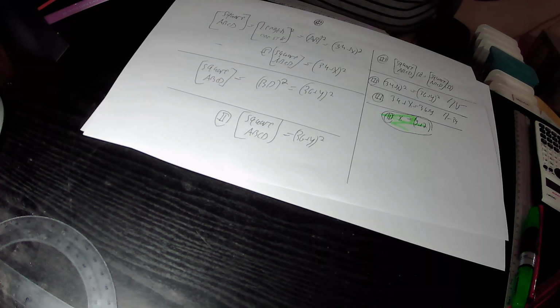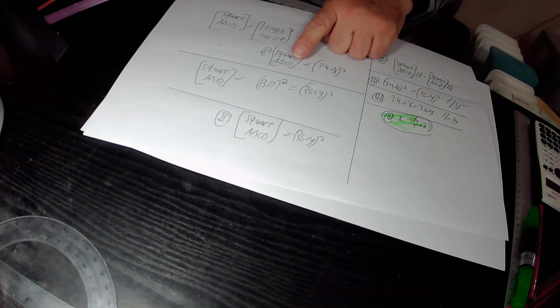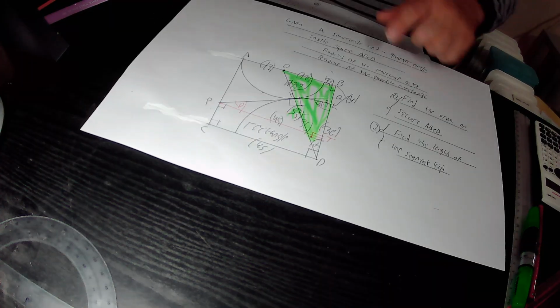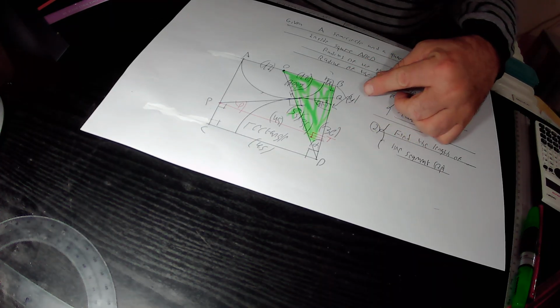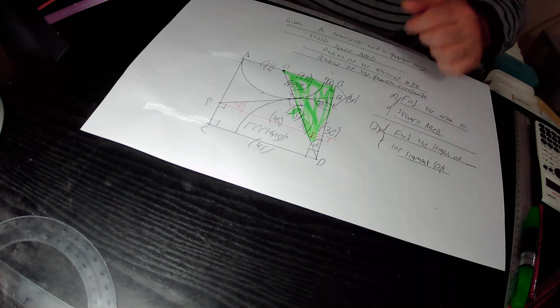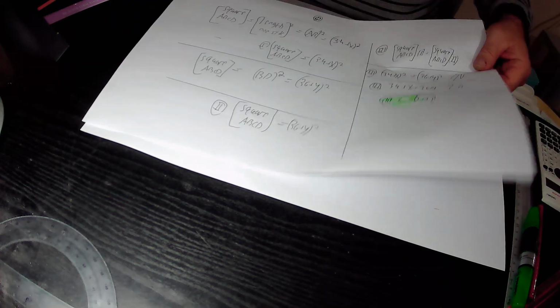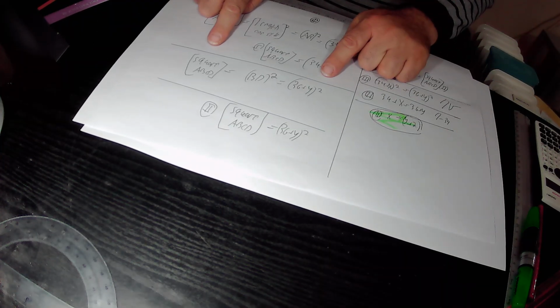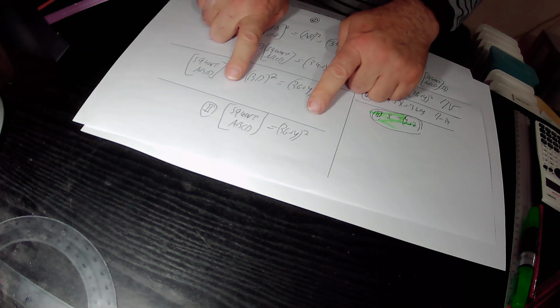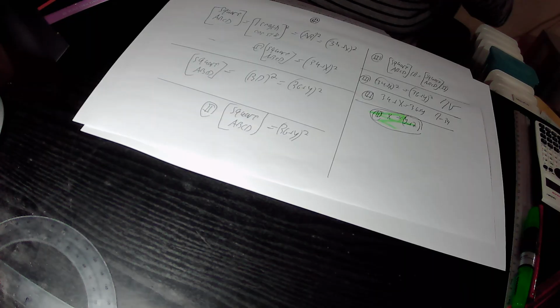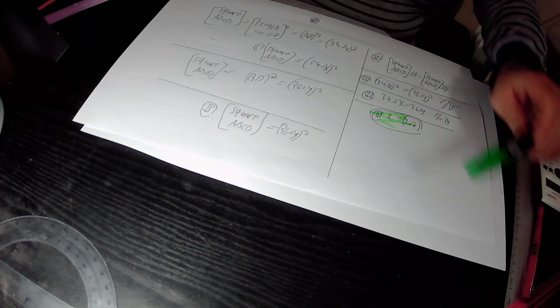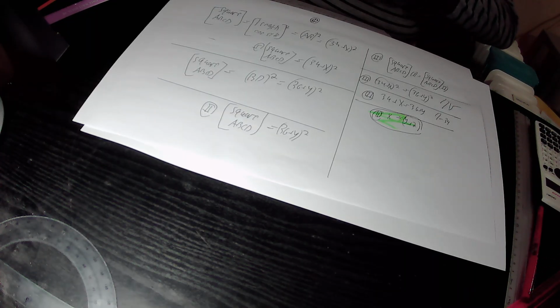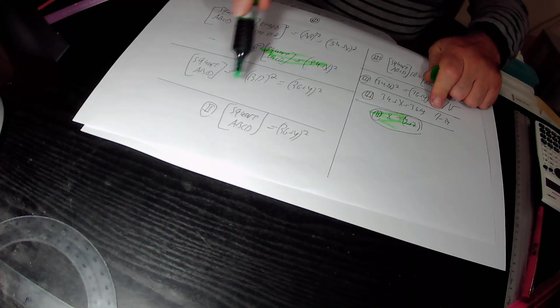BD in total is 36 plus y, therefore BD squared is (36 plus y) squared. So we have two different equations for the area of the same square ABCD. This is equation 1 and this is equation 2.